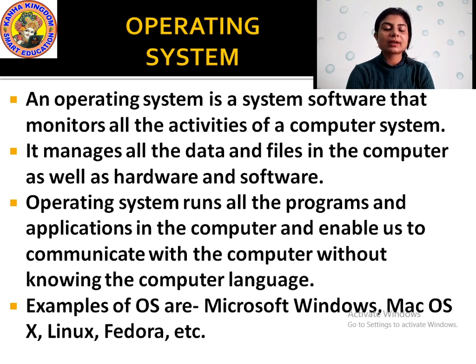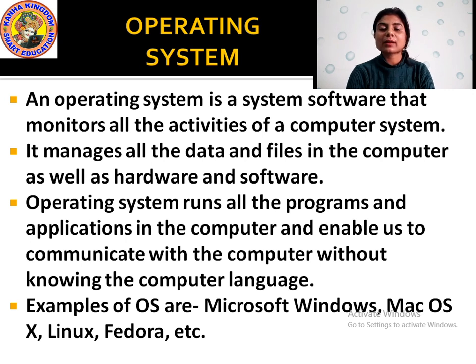But since the computer is a machine and it doesn't understand any language, all the activities, all the programs and applications installed in the computer are monitored by this operating system. Understood?